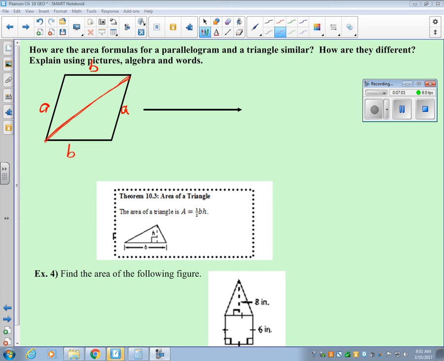So I'm going to take this bottom triangle, and I'm going to separate them out. I kind of like the long side to be on the bottom, so I'm going to rotate him because I can.